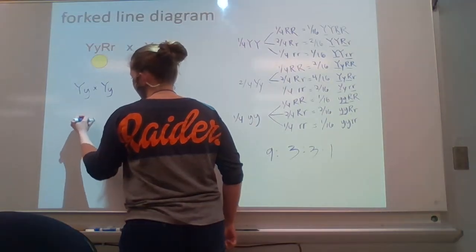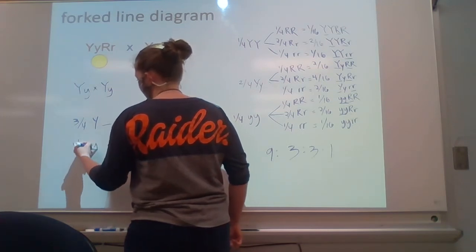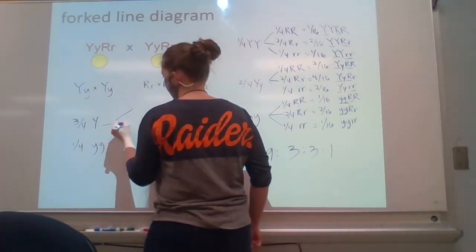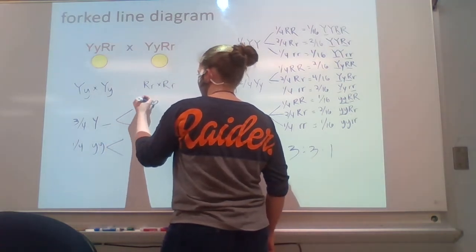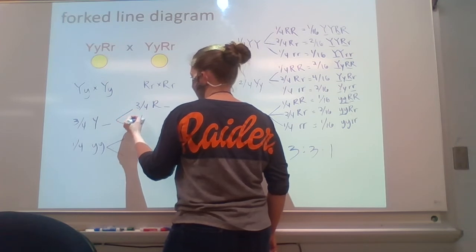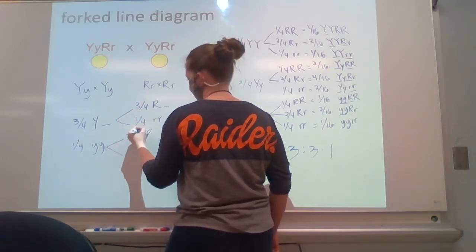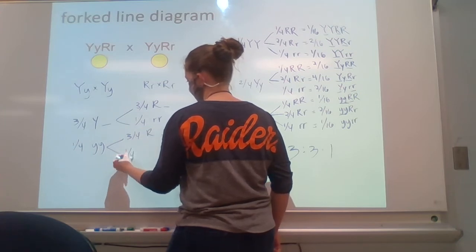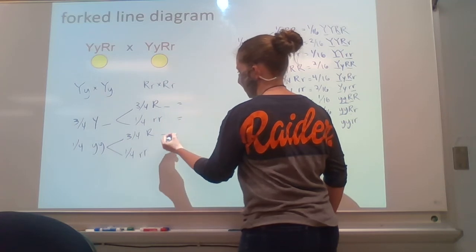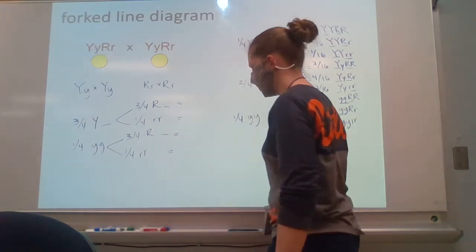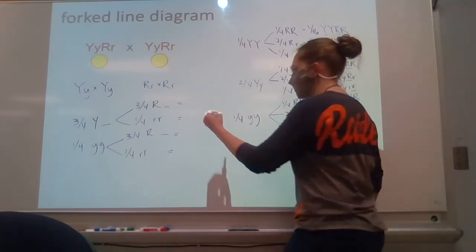I have 3/4 that are going to have the dominant Y, 1/4 that are going to have recessive Y's. 3/4 that are going to have the dominant R trait, 1/4 that's going to have the recessive R trait. Guess what ratio I get? 9 to 3 to 3 to 1.